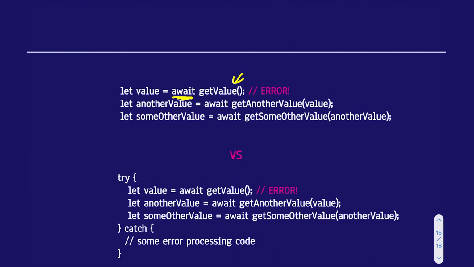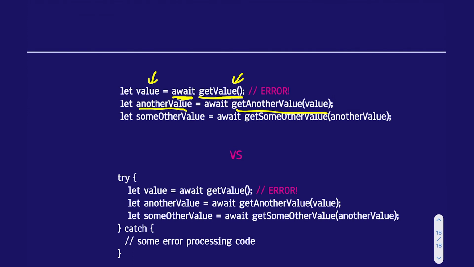Let's say, for example, that somewhere within get value, we get an error. Not really important what it is, but we've got an error. So now the value of value is not defined. But you might notice in this next line of code, we're passing that value into this get another value function. That's not really good. To make matters even worse, we're probably not getting any value here.